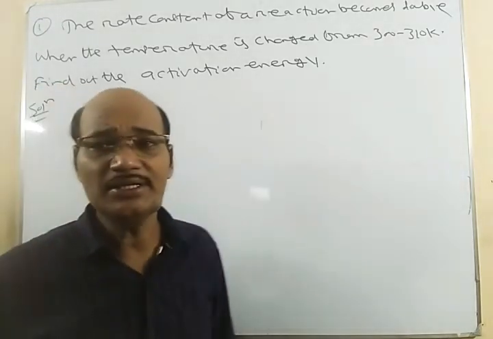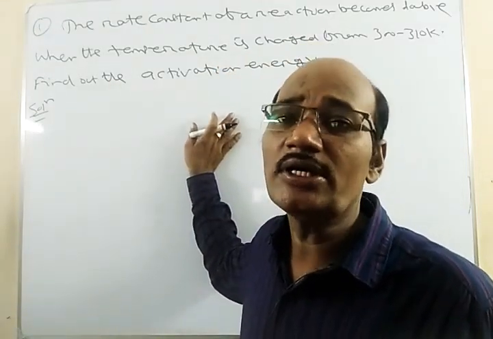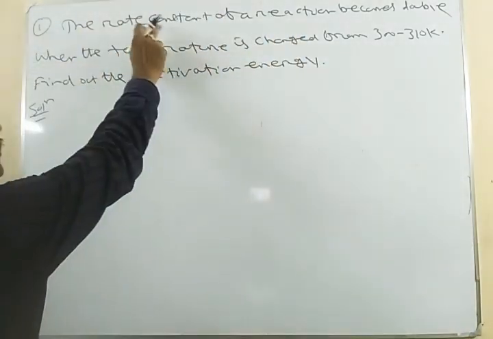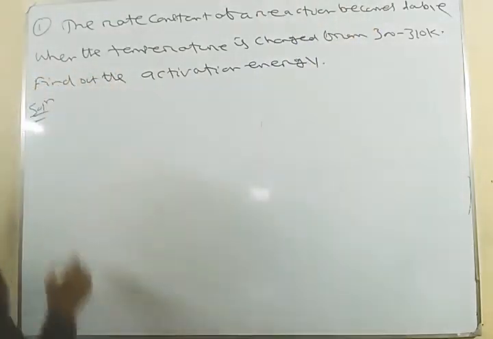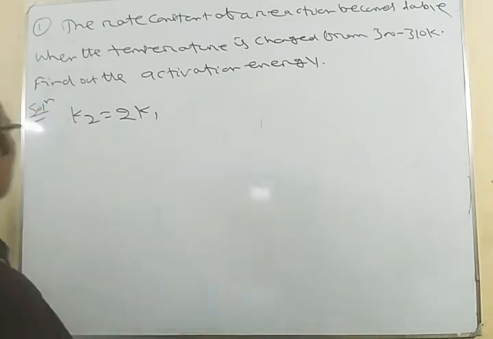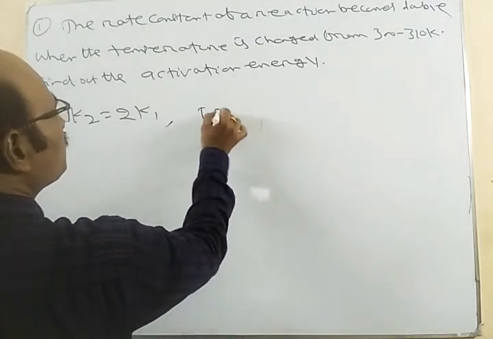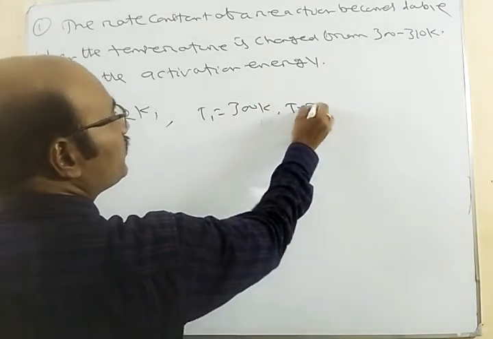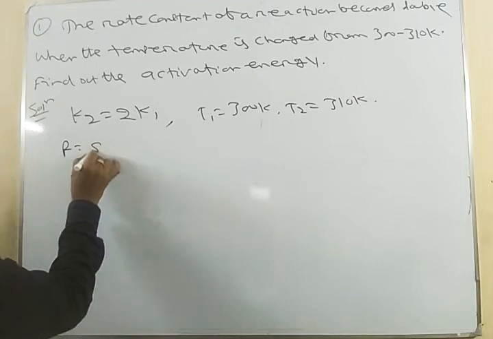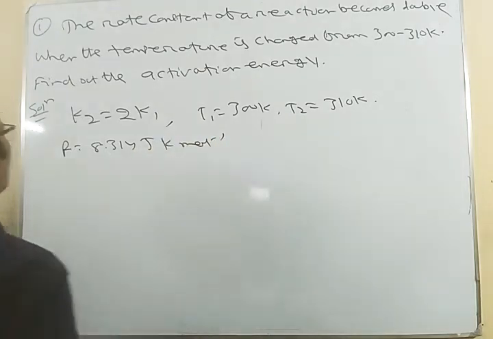What to do here? The temperature T1 is 300, T2 is 310, and it is saying that the rate constant becomes double. So K2 equal to 2K1, T1 equal to 300 Kelvin, T2 equal to 310 Kelvin. Now we know R equal to 8.314 joule per Kelvin per mole.